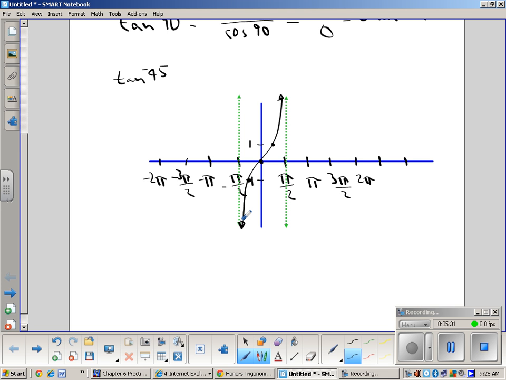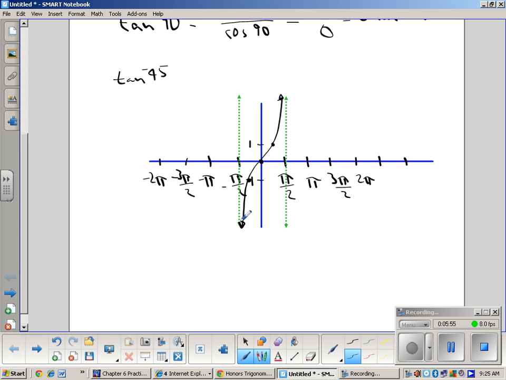What is the period of that function? Pi. Be careful saying 1 or 2.